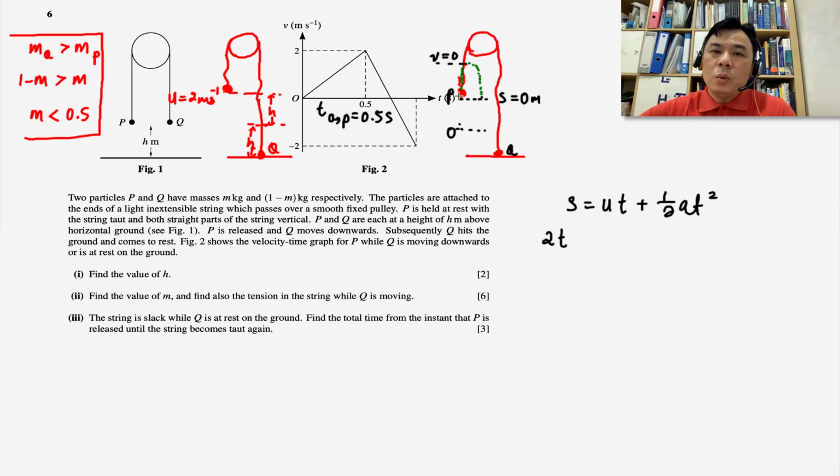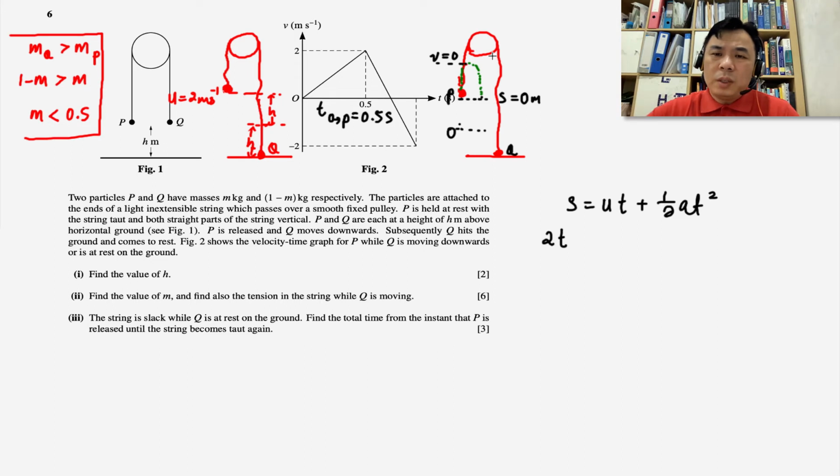Once the string is slack, when Q reaches the ground, the only force acting on particle P is gravity. So it would be like a particle that experiences free fall acceleration. There's no longer any force from the string itself.